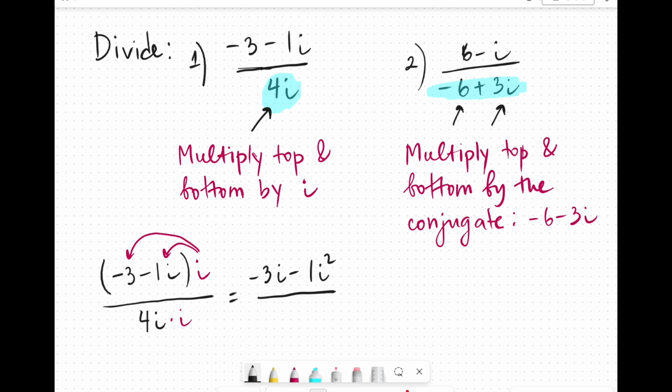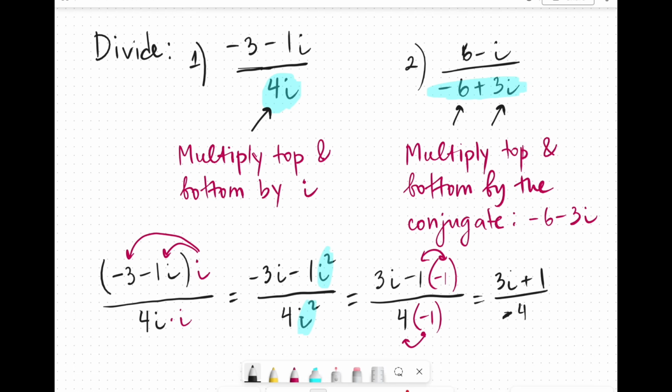On the bottom, 4i times i is 4i squared. Each of the i squareds will not cancel, but will become a -1. Here you will have a -1, and here you will have a -1. I'm going to go ahead and multiply -1 by 1 and 4 by -1.